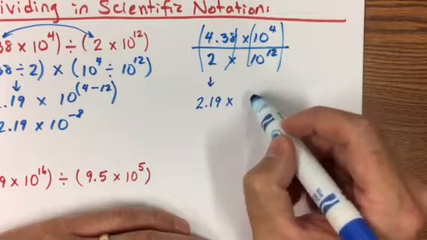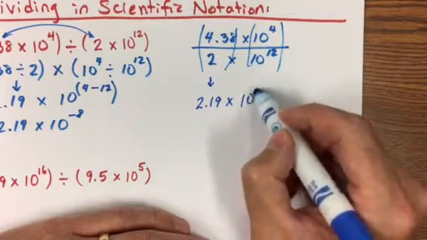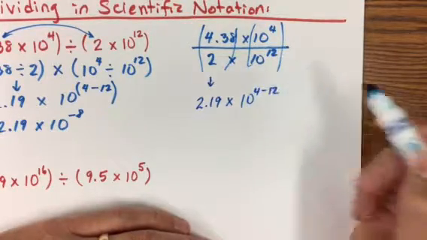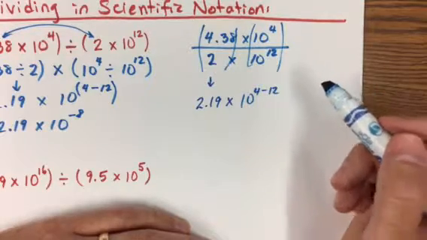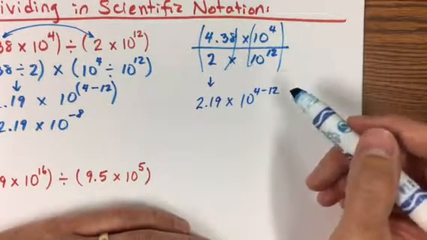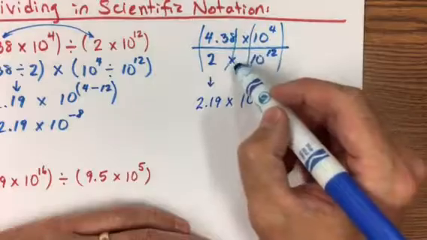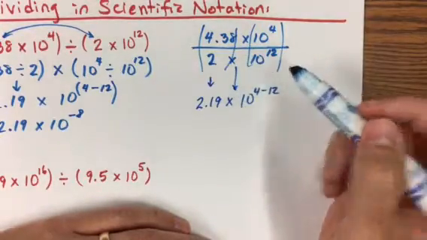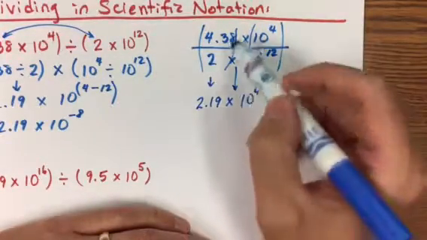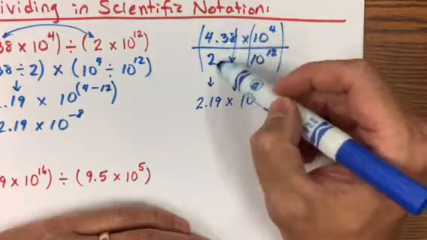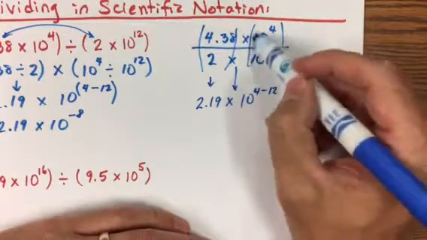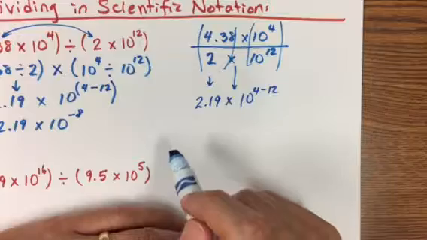So times 10 to the 4th minus 12th, or 10 to the 4 minus 12. So that helps you see that you're supposed to be keeping that times sign in between these, because you can treat this as one fraction times this other fraction.